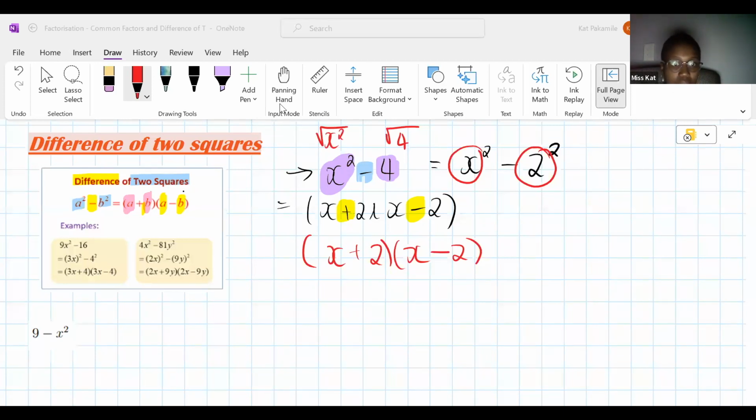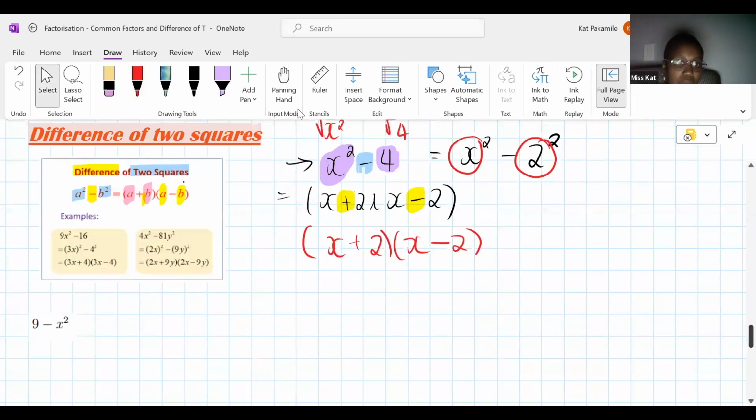Nope. Okay, let's do more of the difference of 2 squares. There we go. We have 2 squares there. Maybe it's easier if we first put them as something squared minus something squared. So we all agree that 9 is the same as 3 squared minus x squared.